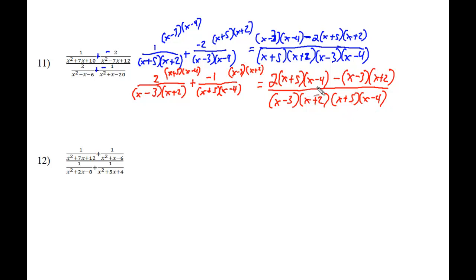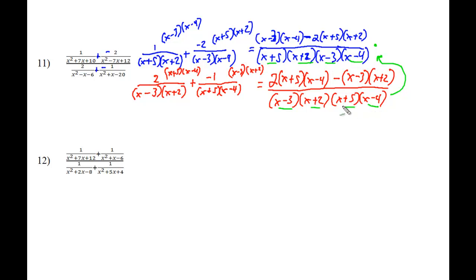Now, I think by this time you should maybe be looking around for some commonalities, because my next step here is to bring this up to this level. And we would do so by multiplying and flipping this on its head. But do you notice that these four different denominators and these four different denominators are exactly the same?